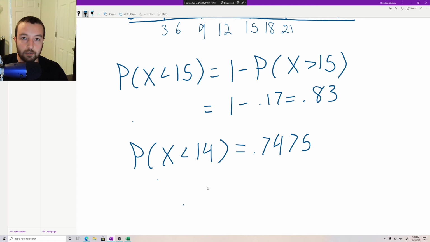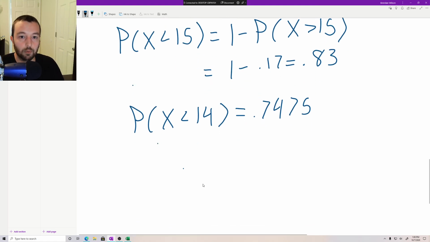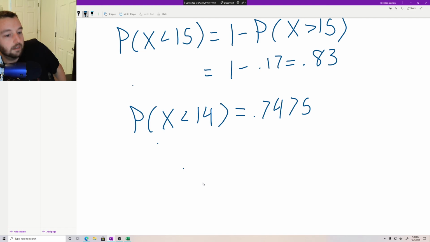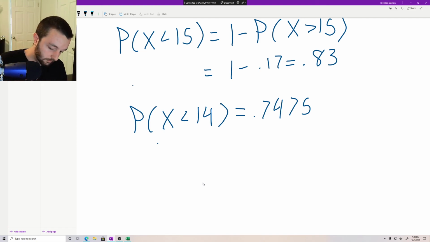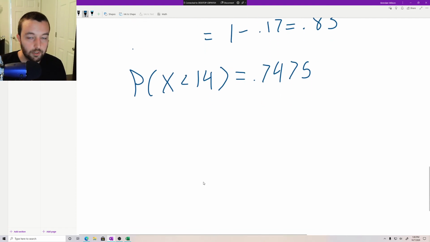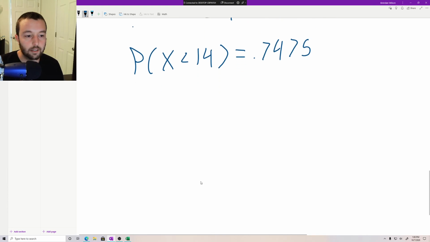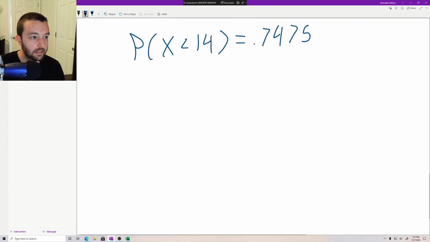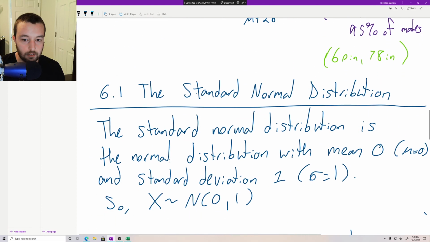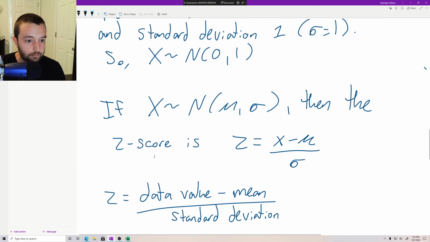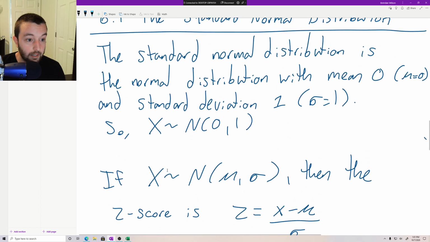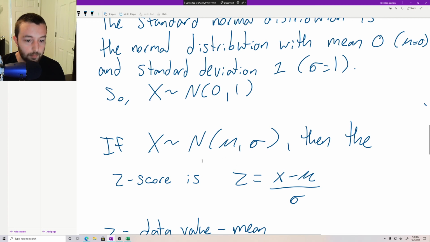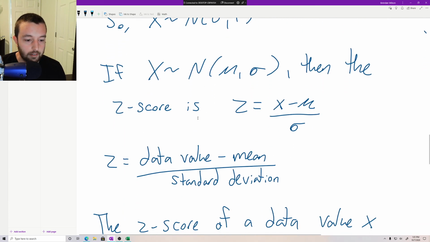Of course, we don't have a standard normal distribution here. So what are we supposed to do? Well, one thing we can do is standardize it. Okay. If we think back to the z-scores, where was that? If x has a normal distribution like this, then this is the z-score, right?